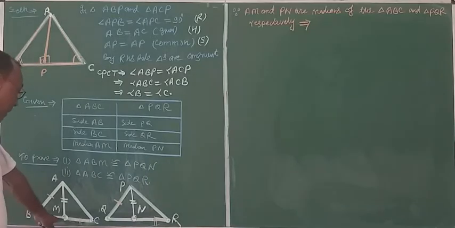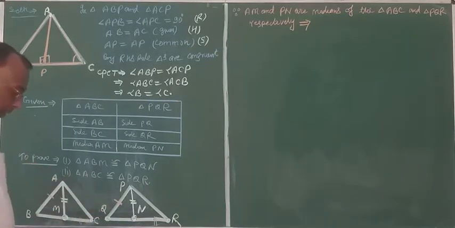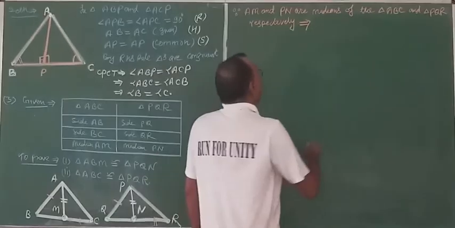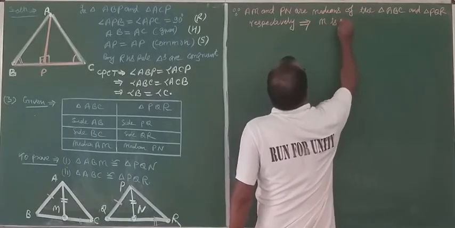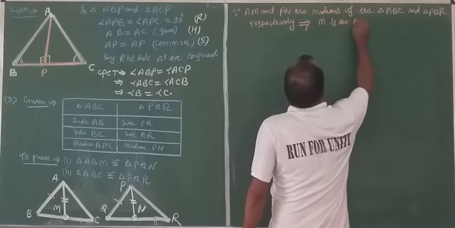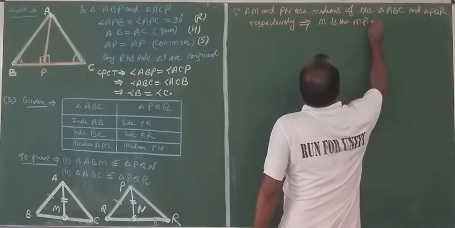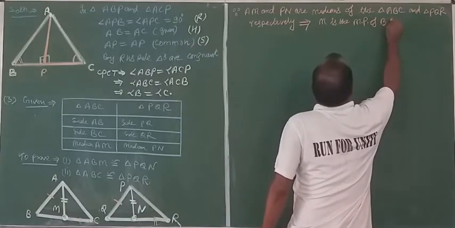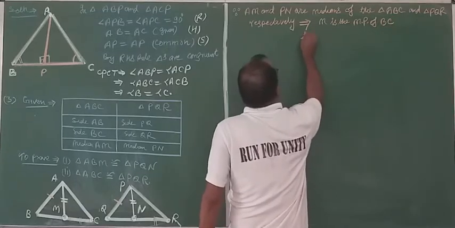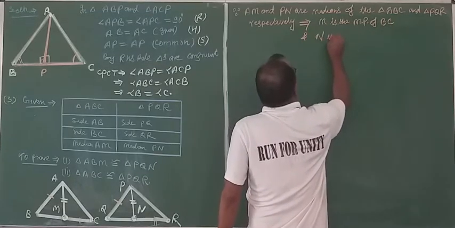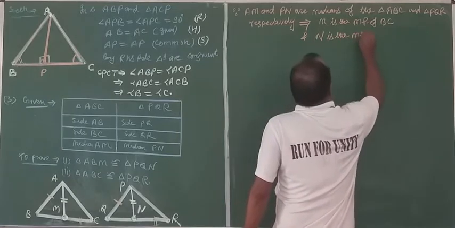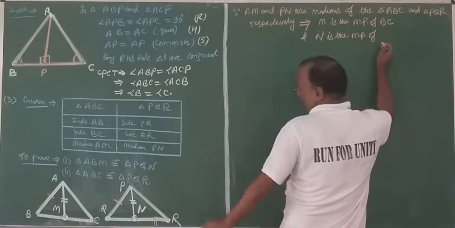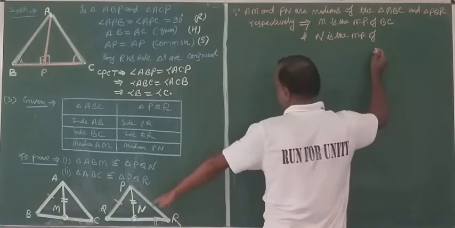Therefore, M will be the midpoint of BC and N is the midpoint of which side?